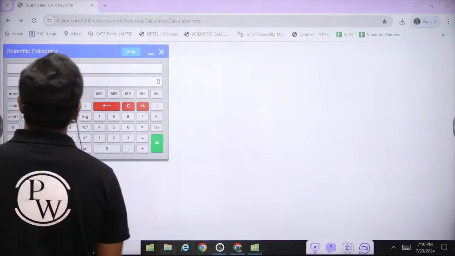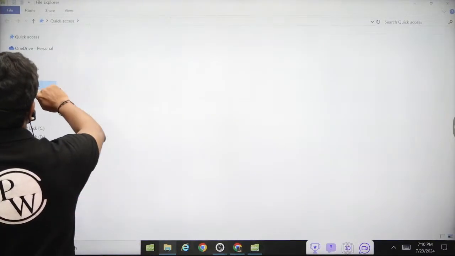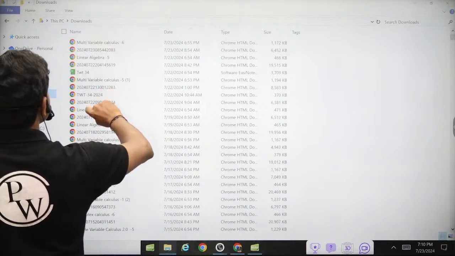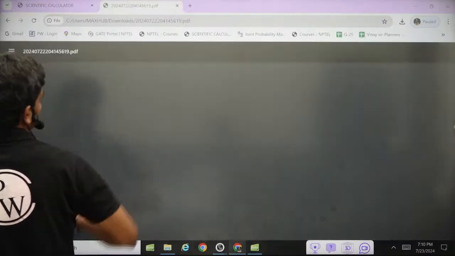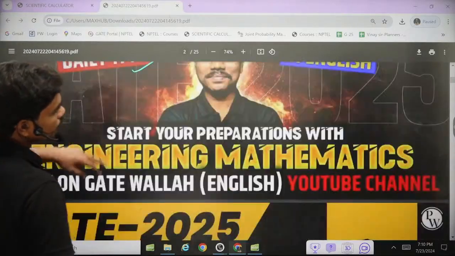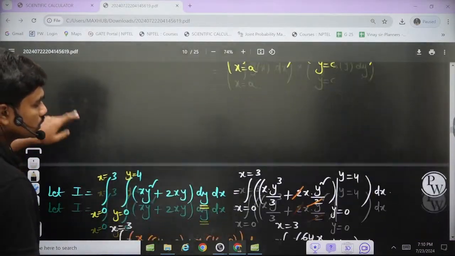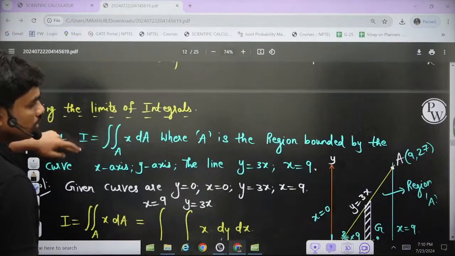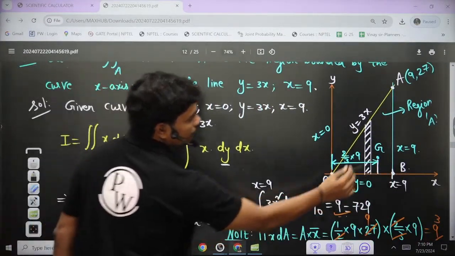I'll open the notes, maybe you might have forgotten something. Let's look at it. In the last lecture we were talking about this, the multiple integrals. Whenever we have taken the first variable of integration as y, we have considered the vertical step.